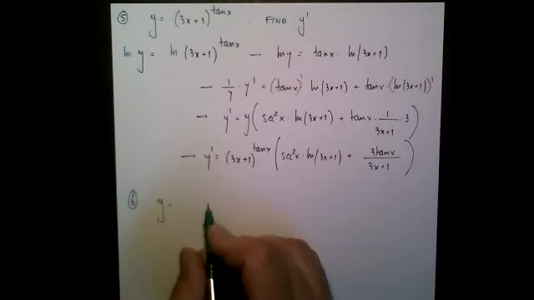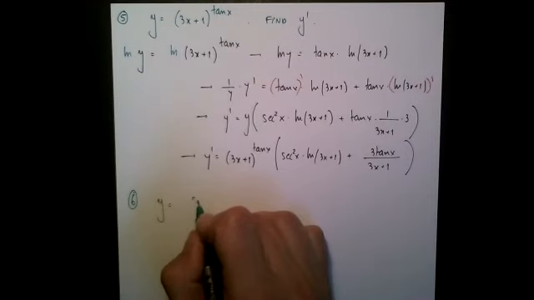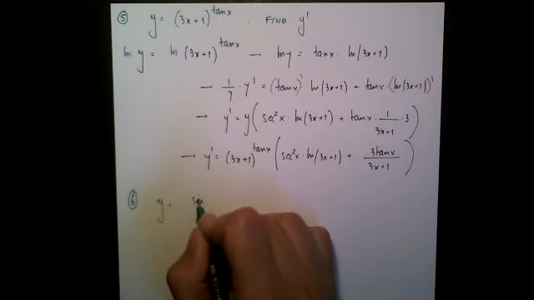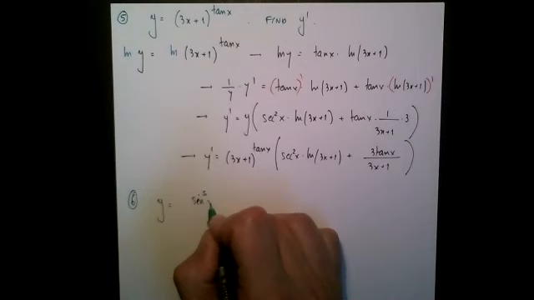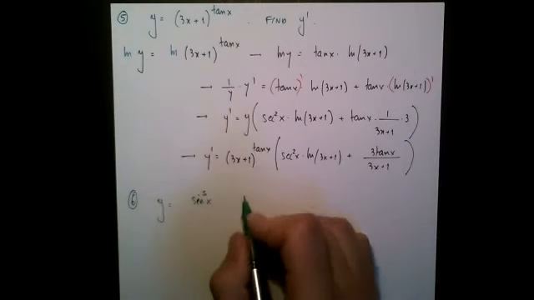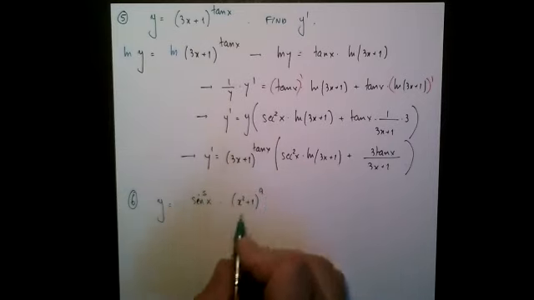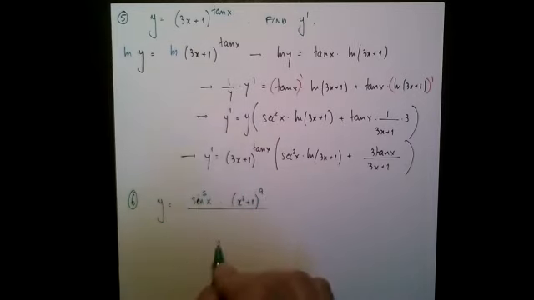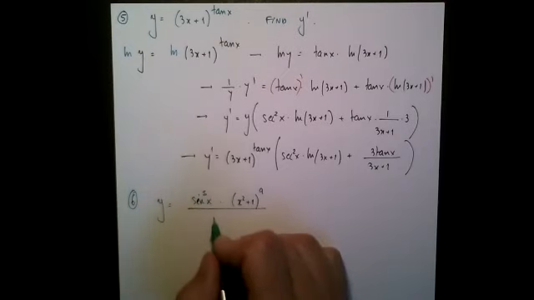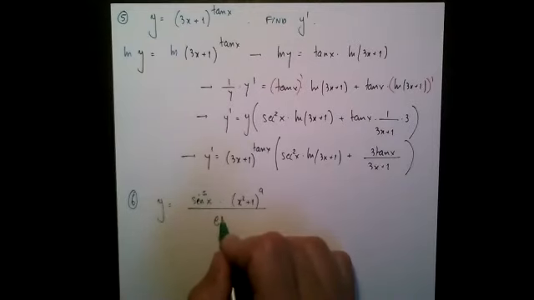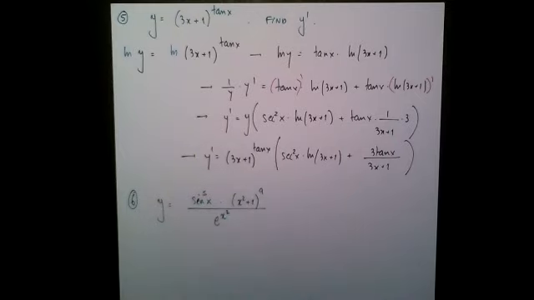Let's say y is equal to sine to the 5 of x times x squared plus 1 to the power 9, divided by e to the power of x squared.